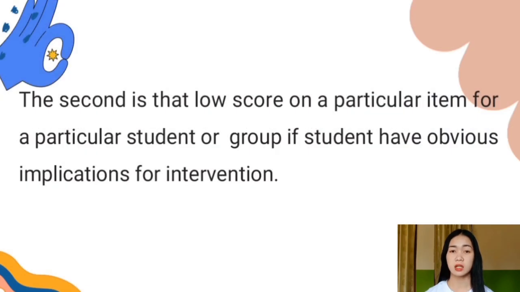The second is that low scores on particular items for a particular student or group of students have obvious implications for intervention. For example, students who have low scores on confidence in abilities and willingness to work hard may benefit from growth mindset training.